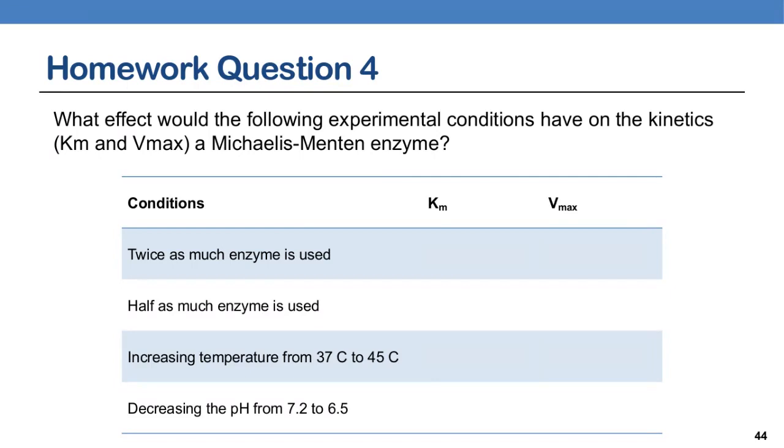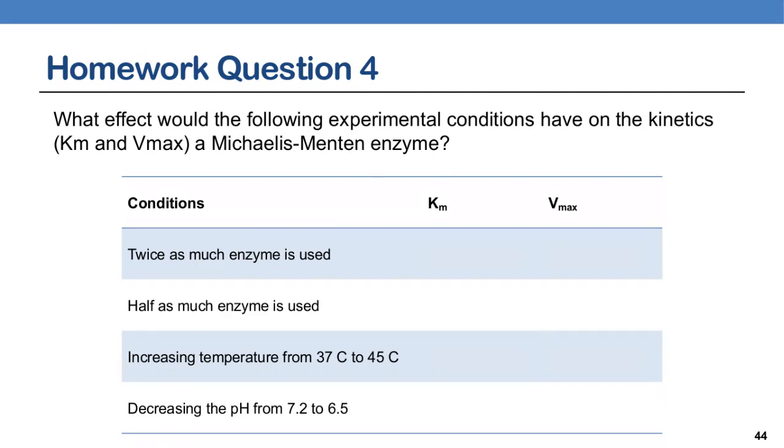So our Km, if we have twice as much enzyme used, okay, so we have some students saying that the Km is going to increase. So remember, Km is looking at binding affinity.